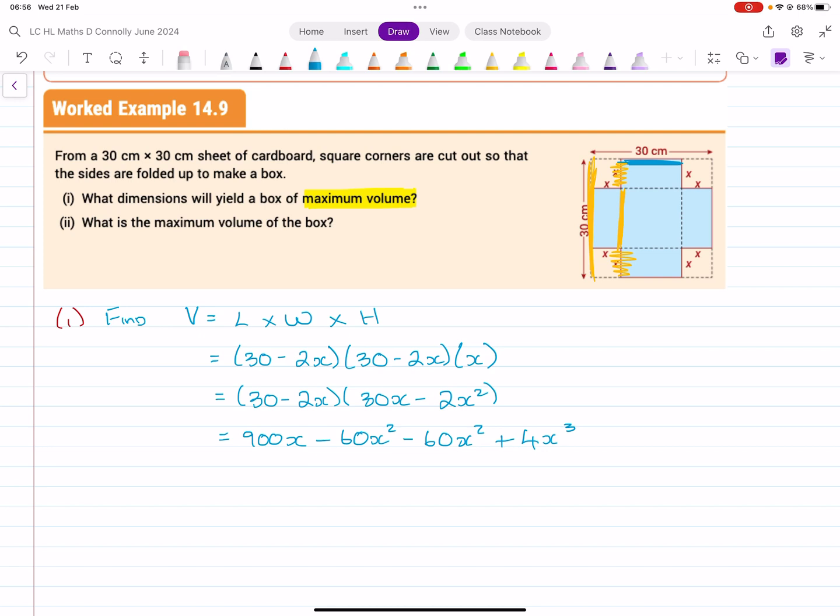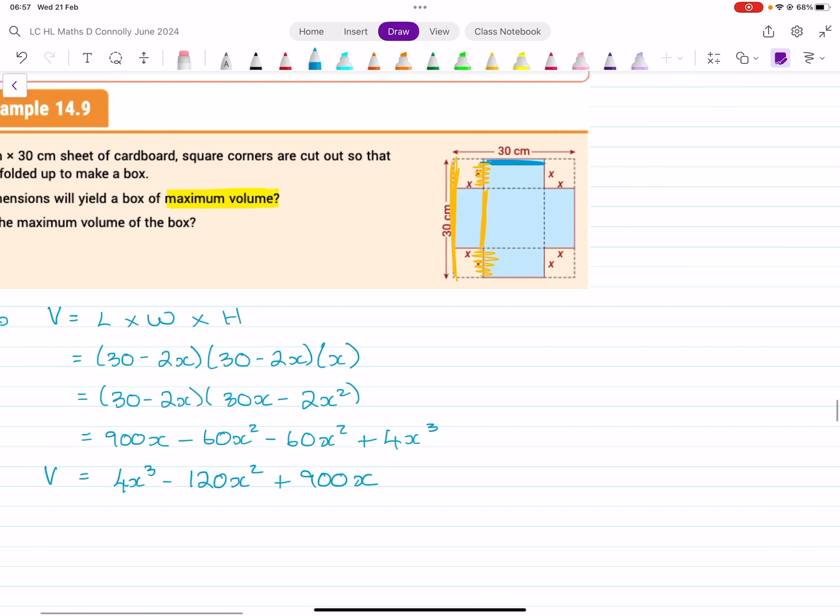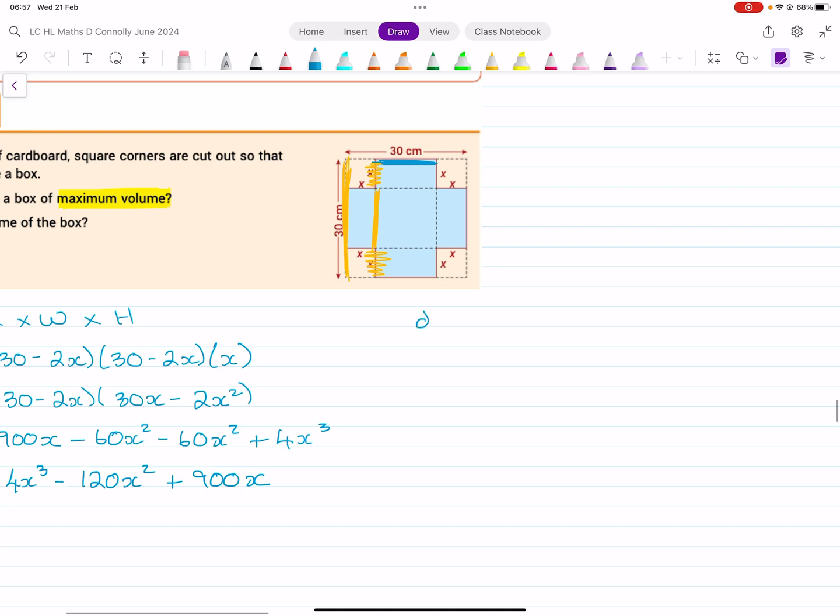So 30 by 30x is 900x. 30 by minus 2x squared is minus 60x squared. That by that is minus 60x squared again, and that by that is plus 4x cubed, yeah, that's fine. So I've got 4x cubed minus 120x squared plus 900x for my volume. So then if I want to find max volume, I have to differentiate.